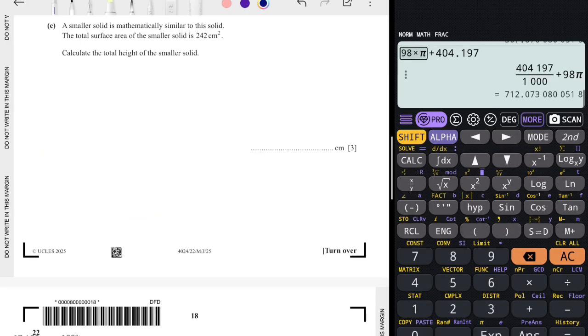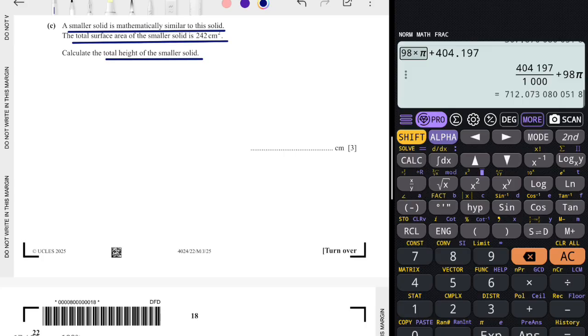Part C. A smaller solid is mathematically similar to this solid. The total surface area of the smaller solid is 242 centimeters square. Calculate the total height of the smaller solid.